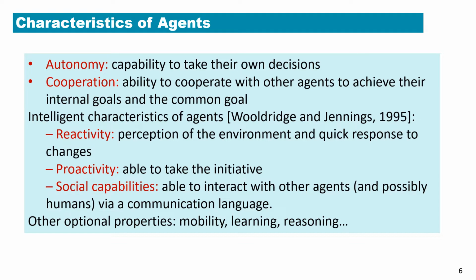So agents can cooperate, interact, and communicate with other agents in order to solve a certain problem. Other optional properties of agents which can make the agent more intelligent are mobility and reasoning and learning mechanisms.